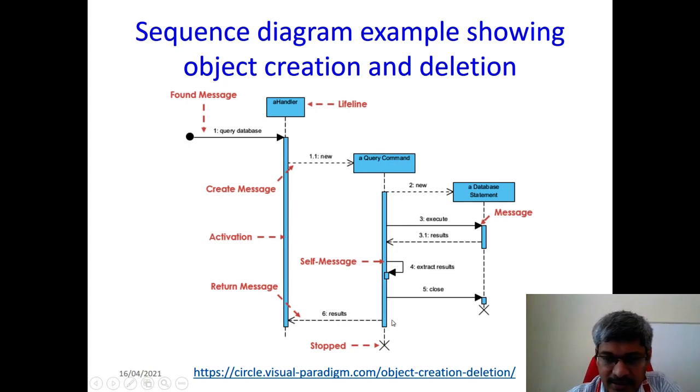Okay, then you will send the results to this handler. So the results are sent, and the query command object also stops, more or less, it also gets deleted. Whereas this handler lifeline doesn't have to terminate immediately.